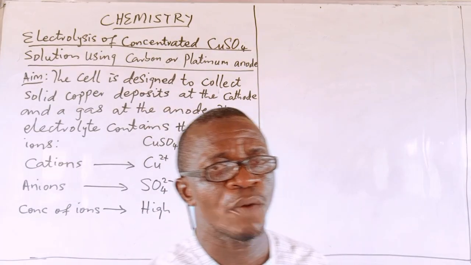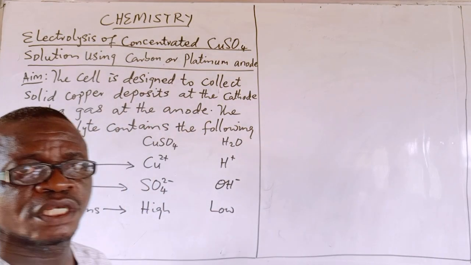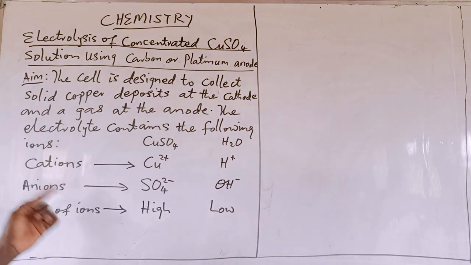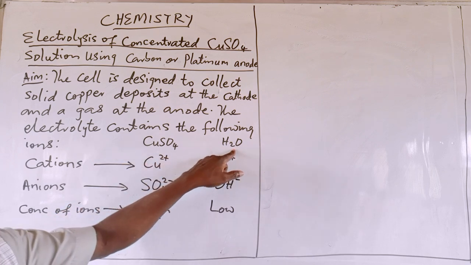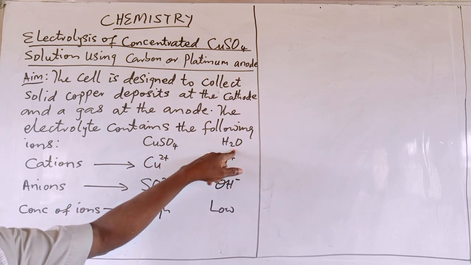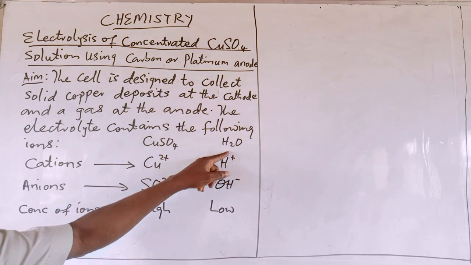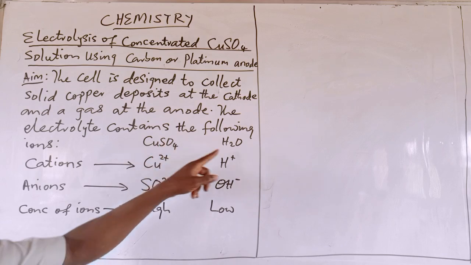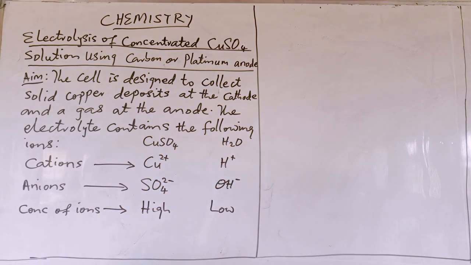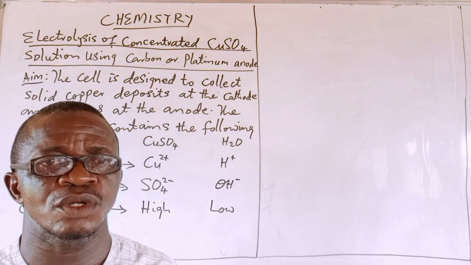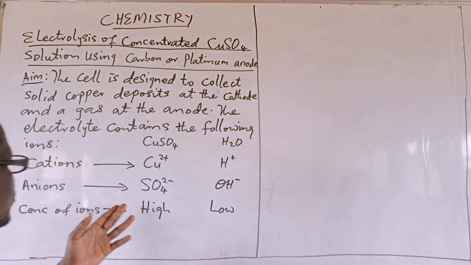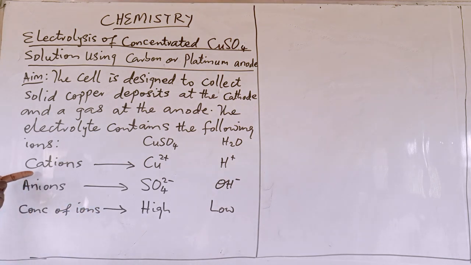Note that the copper 2 tetraoxosulfate 6 is a salt, as you have seen here, dissolved in water. When you dissolve it in water, the ions that will be present in that electrolyte are shown below. Here you have cation.